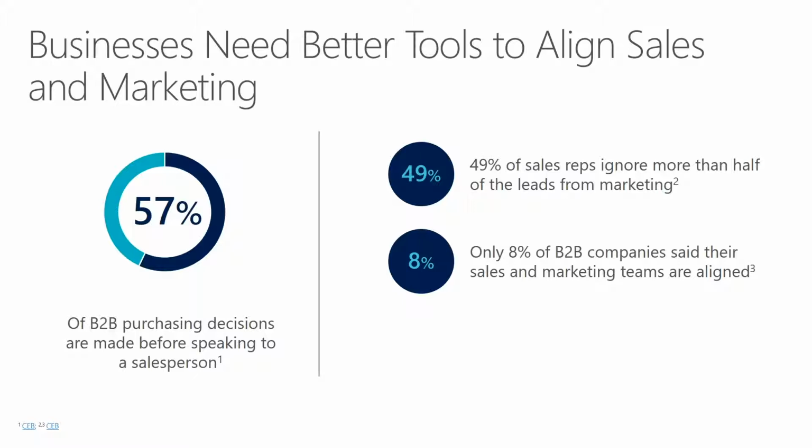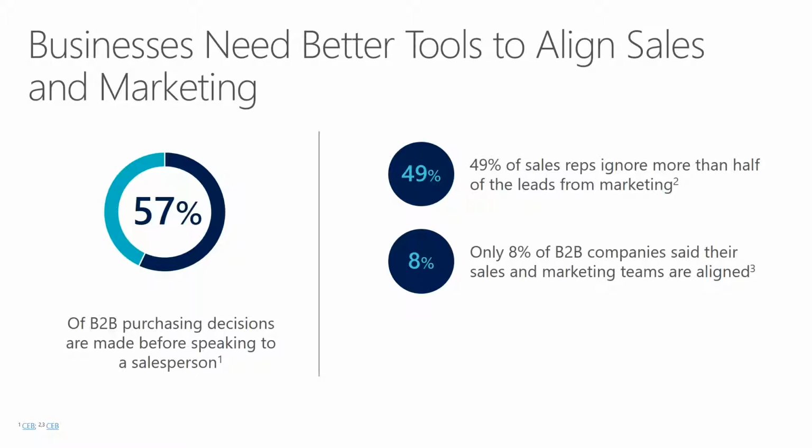And generally, the sales and marketing teams, in the past, they just haven't trusted each other, and they just don't work really well. You can see some of the stats on the slide here, and this is so true. 49% of sales reps ignore more than half of marketing leads. Only 8% of B2B companies say that they have tight alignment between their sales and their marketing teams.